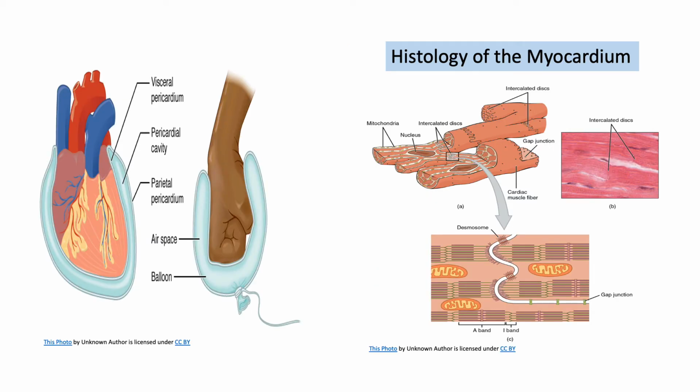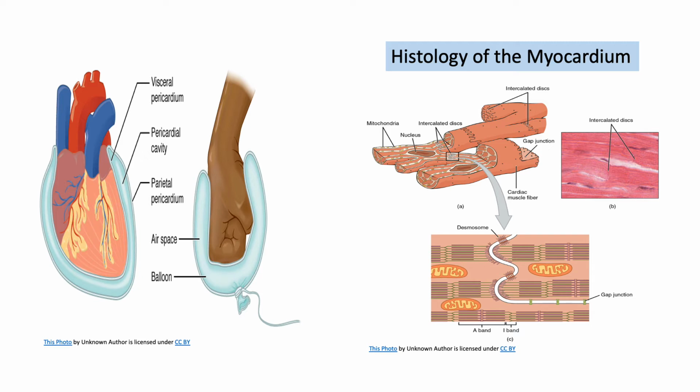When we look at this slide, you can see the pericardial cavity. It's like a balloon: when you put your fist into a slightly blown balloon, you create two layers, right? Whatever layer is attached to the heart itself, or to your hand, we call the visceral pericardium.